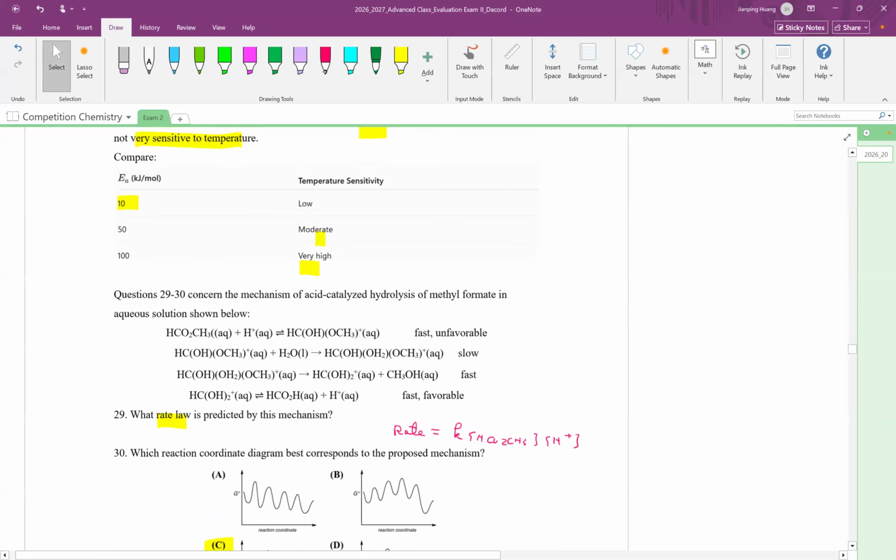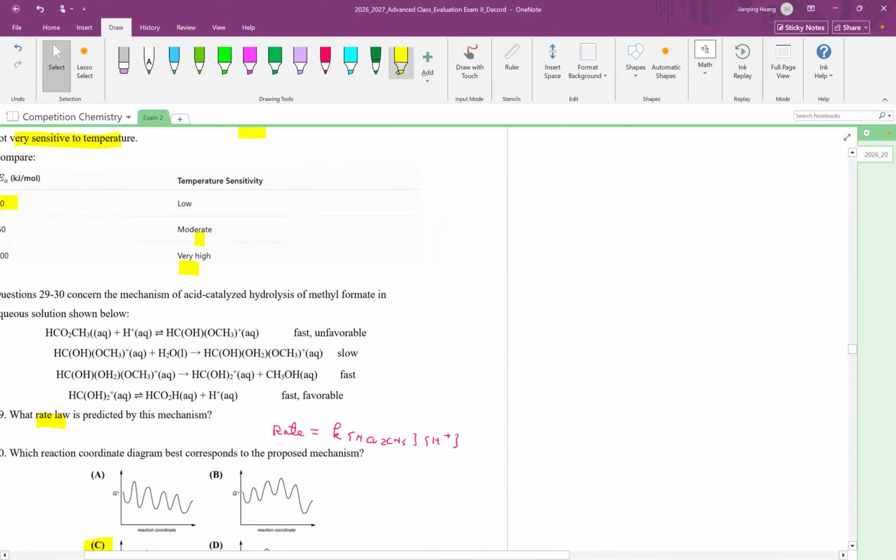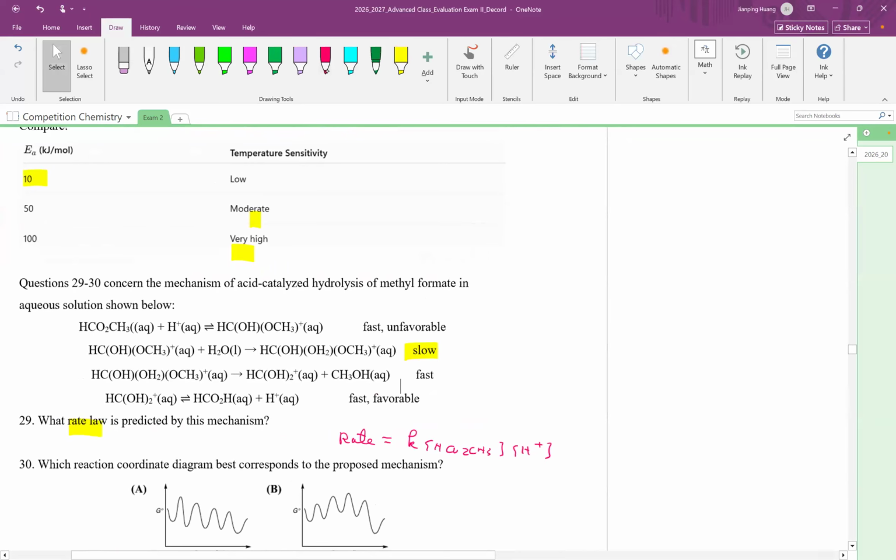How to get that? From here, see, here is the slowest step. In order to do that, we need to write the rate constants, right? So here is a K1, here a K1 minus 1, here a K2, here a K3, here a K4, and here a K4 prime.